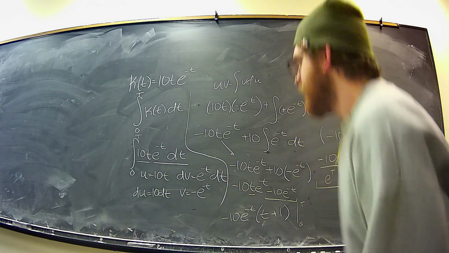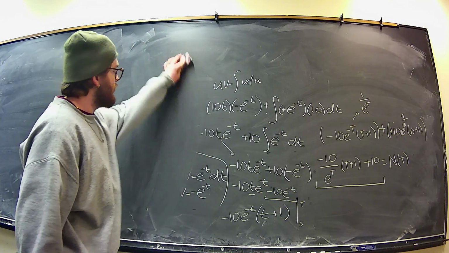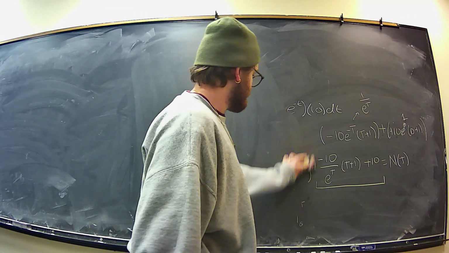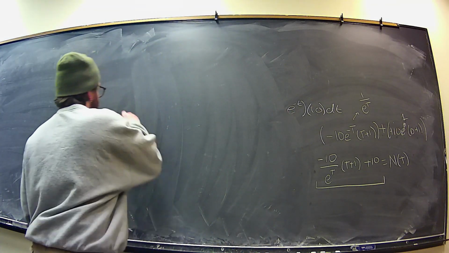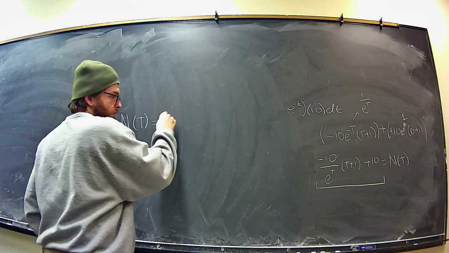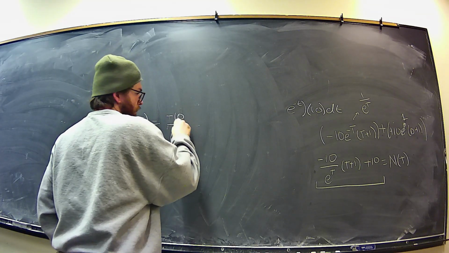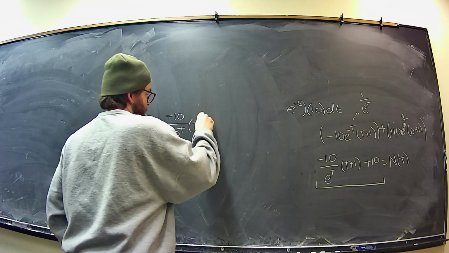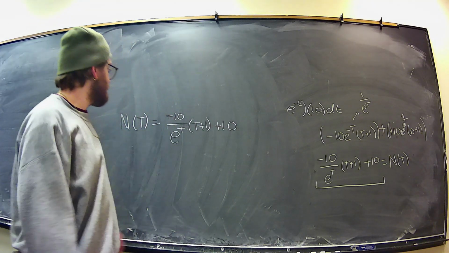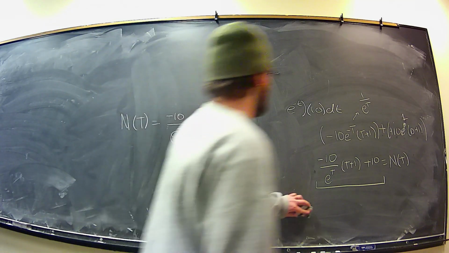Cool. And so now we want to move on to part B, and that asks what energy was used in the first 4 hours. So I'm going to write our n of t that we found. Recall that it was negative 10 over e to the t times t plus 1, plus 10.